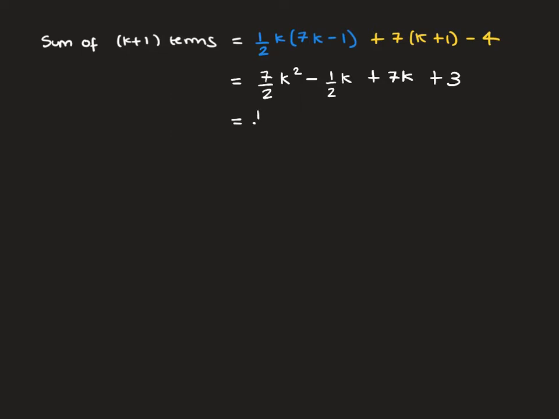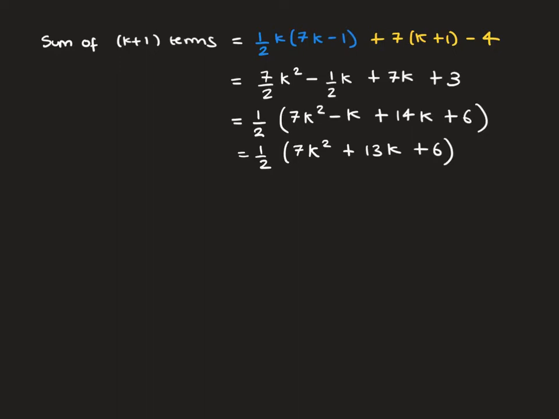I'm going to take a factor of a half out of this, which gives me 7k squared minus k plus 14k plus 6, a half (7k squared plus 13k plus 6), and this can be factorised. So we get a half (k plus 1) multiplied by (7k plus 6). Now, what's the significance of this?